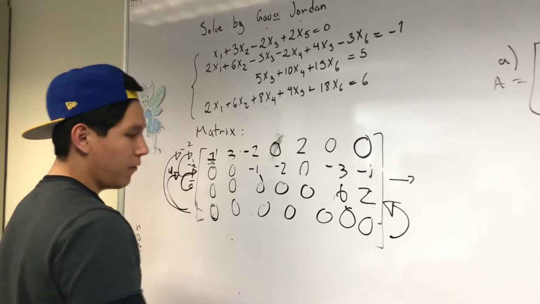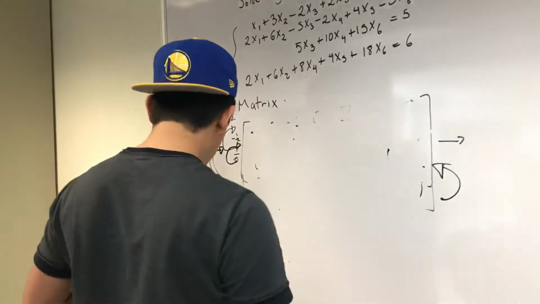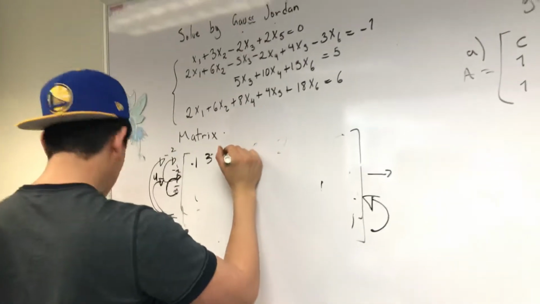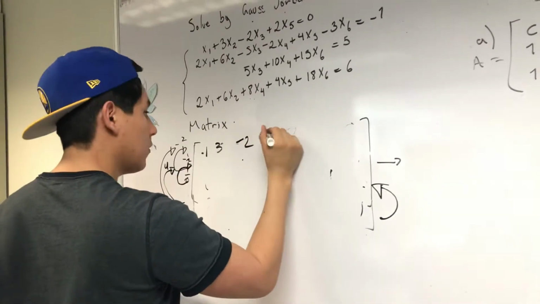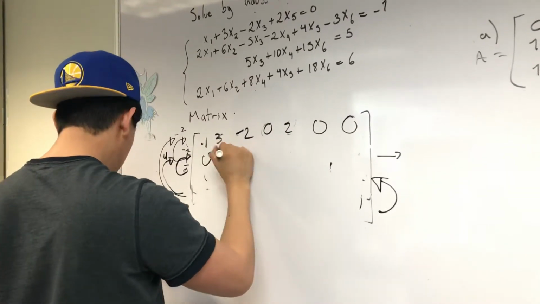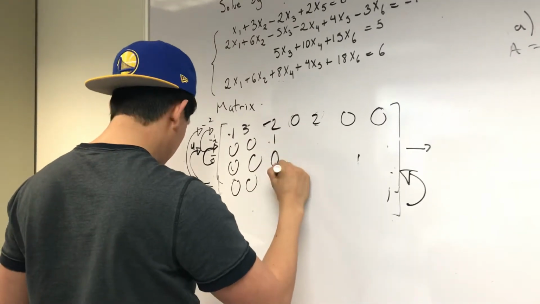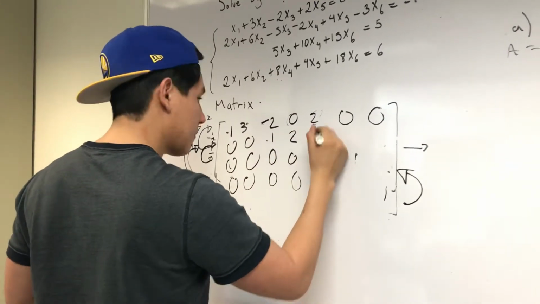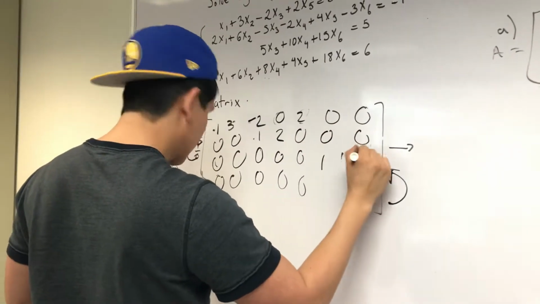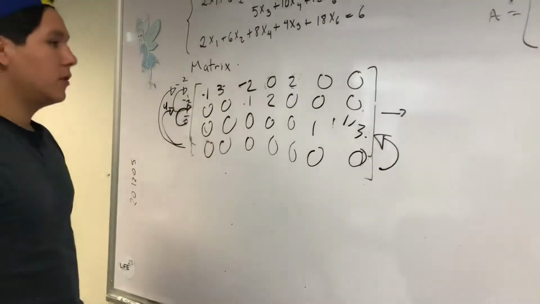So our final matrix will be this. Now we have to put this into equations.